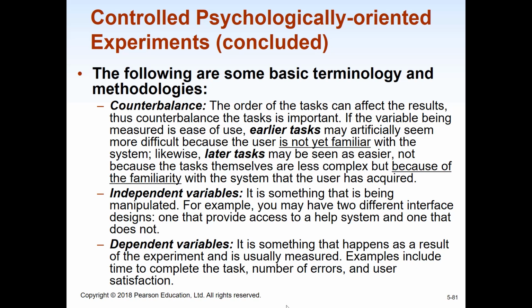Dependent variables are something that happens as a result of the experiment and is usually measured. Examples include time to complete the task, number of errors, and user satisfaction, as we said.